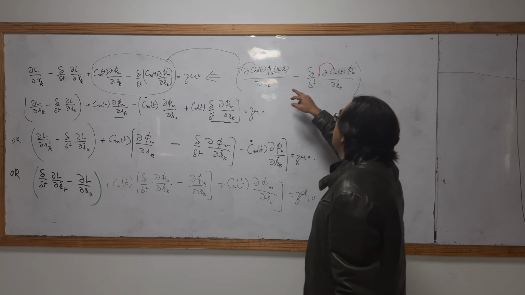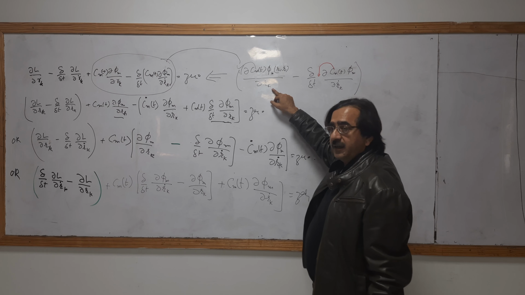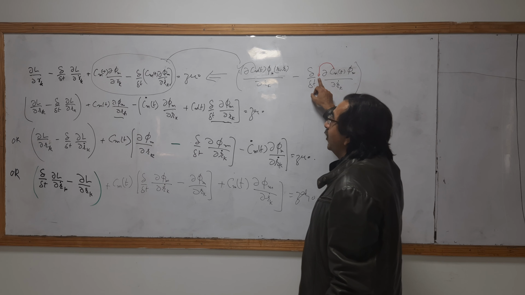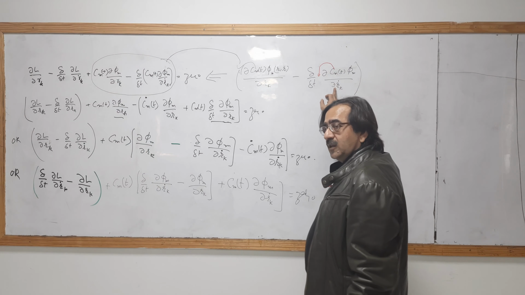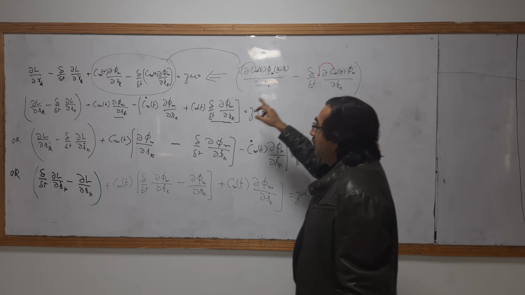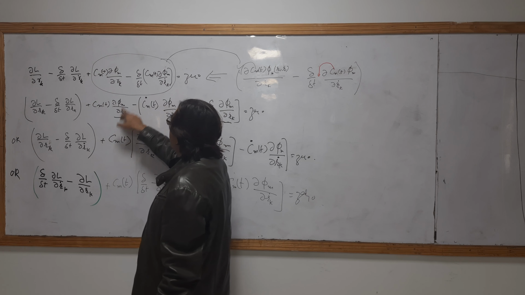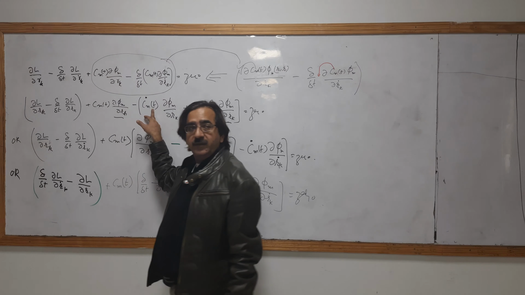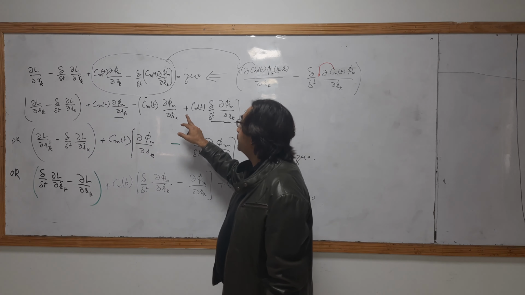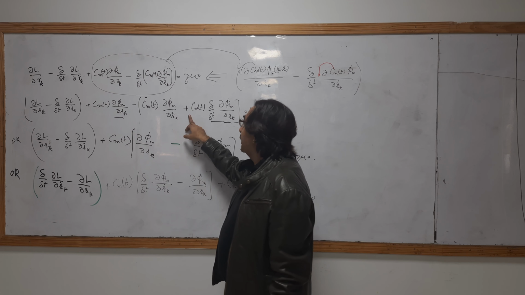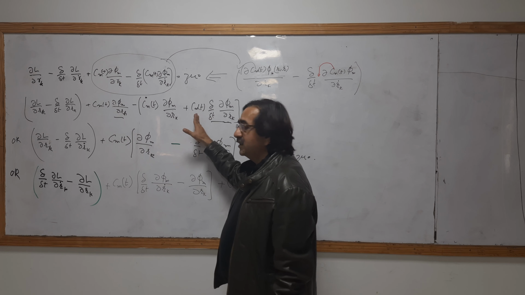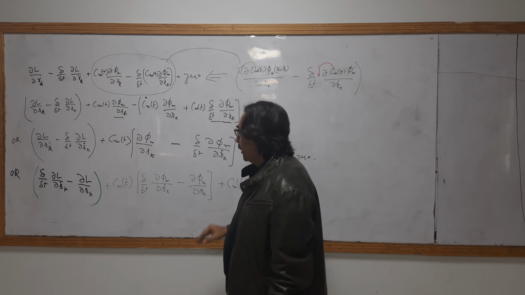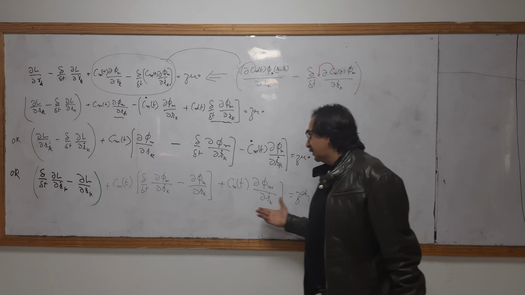And this becomes partial R over partial RK, and in this case again Cm will come out because it is constant with respect to R dot, so it will come out and this will remain the same, but the product formula will be applied here because you will take the derivative of first, second as it, plus first as it, derivative of second. And I think this form is easy to remember.